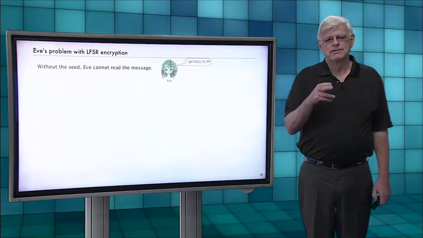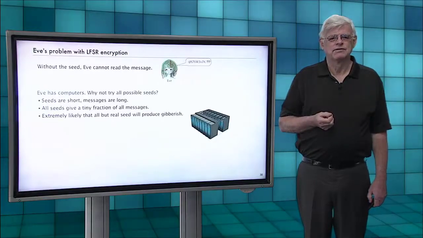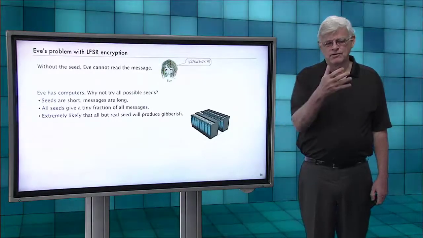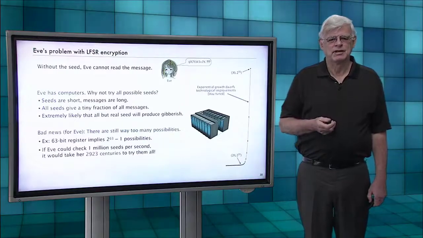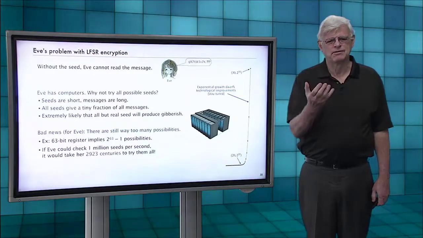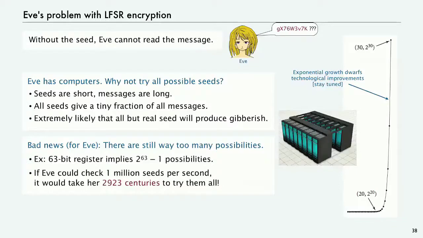Now that creates a problem for Eve, because she can try all possible seeds, but there are way too many possibilities. 2 to the 63 minus 1 is a huge number. That's called exponential growth, and it doesn't matter how fast computers are, or how much faster they're getting, or how big they are. For this example, it would take her almost 3,000 centuries to try all seeds at 1,000,000 seeds per second.